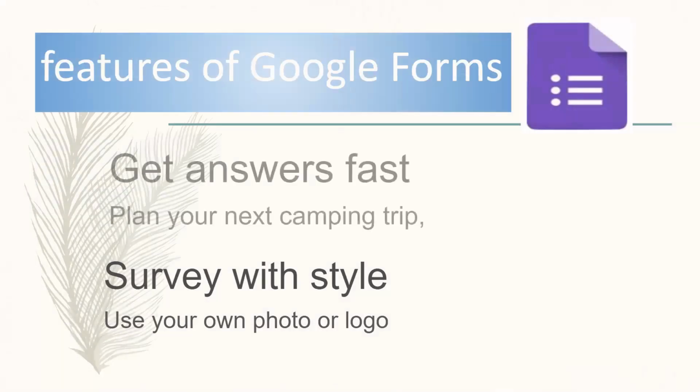Let's go. In general, Google Form lets us get answers fast, and it also enables us to work on a survey with your own photo, your own logo, your own customization. You can run the survey for as short a period as you want.